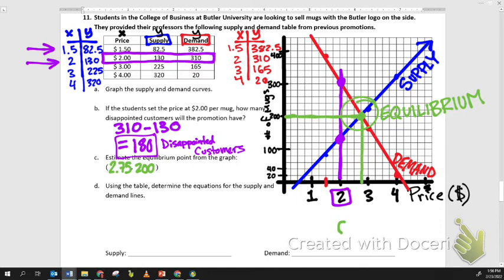I need to find my slope, and I need to find my y-intercept. So to find my slope, I do my change in y over change in x, or y2 minus y1 over x2 minus x1. That is how I'm finding my slope.